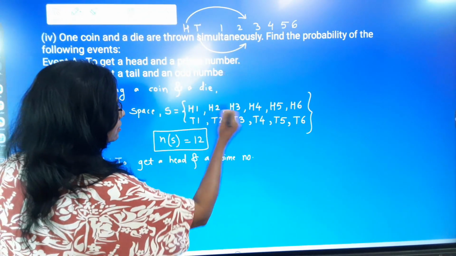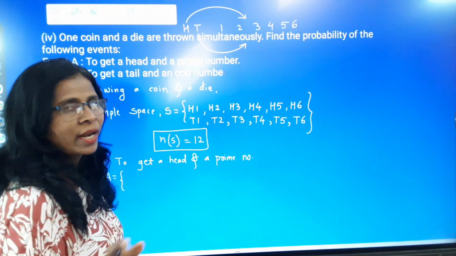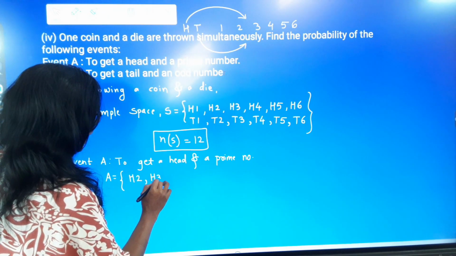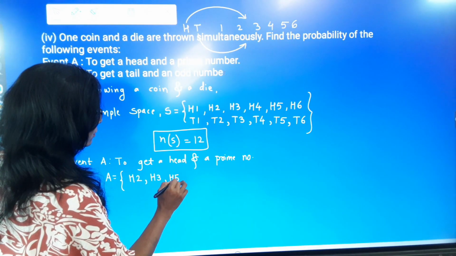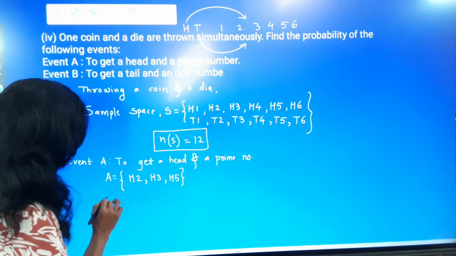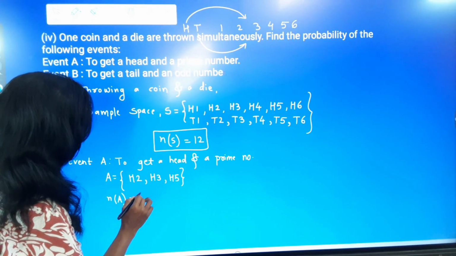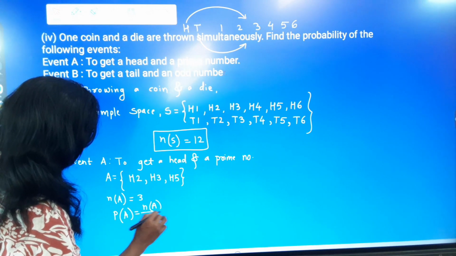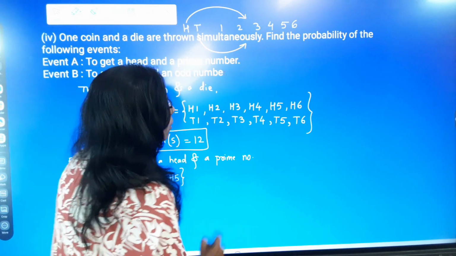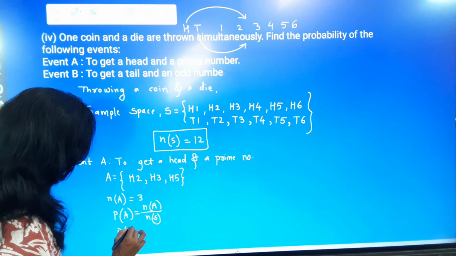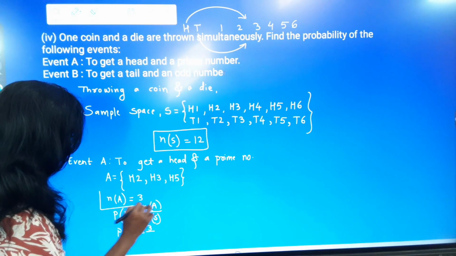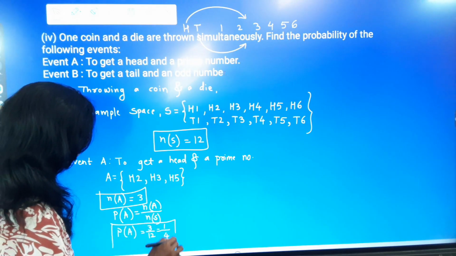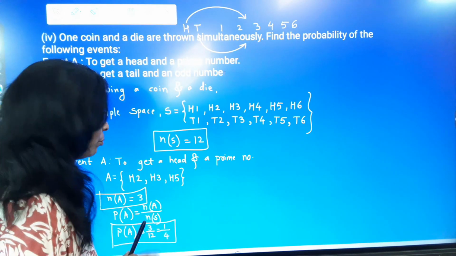So 1 is not prime, so no. Here 2, so H2, then H3, and then H5. Then N of A is equal to 3. Now the probability P of A is equal to N of A upon N of S, which is 3 of 12. So 3 ones are 3, 3 fours are 12. So the probability of event A is 1 upon 4, students.